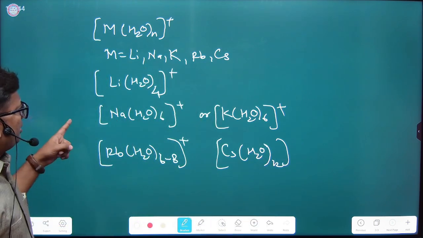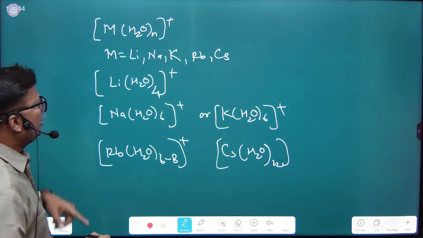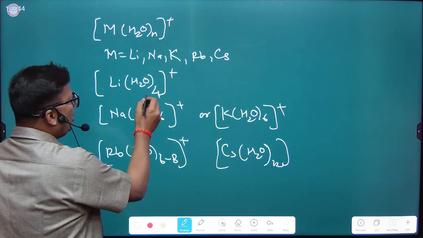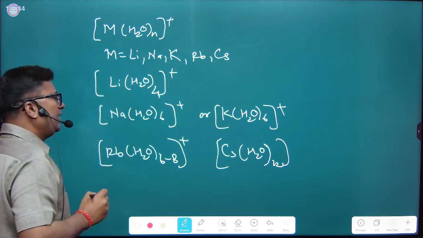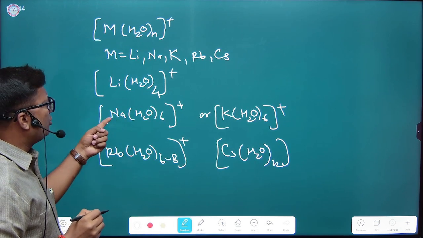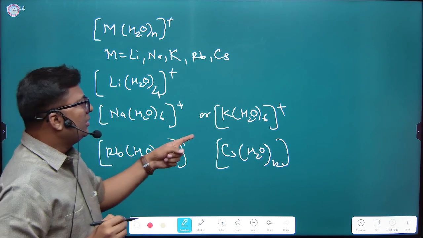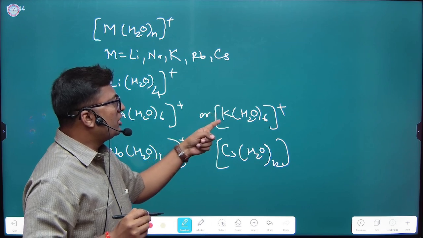What you have observed is that in the case of lithium, only 4 H2O molecules surround the lithium cation. In the case of sodium, 6 H2O molecules surround the sodium cation, and similarly 6 for potassium.